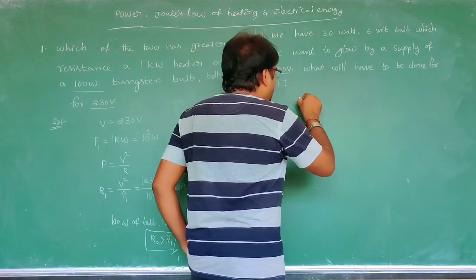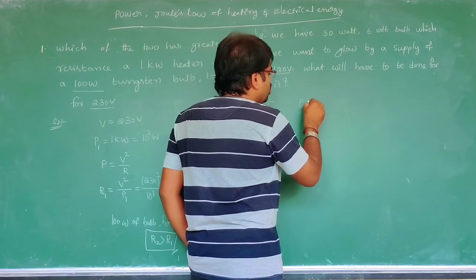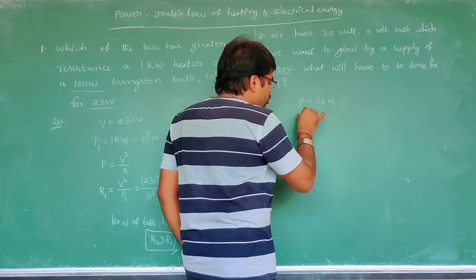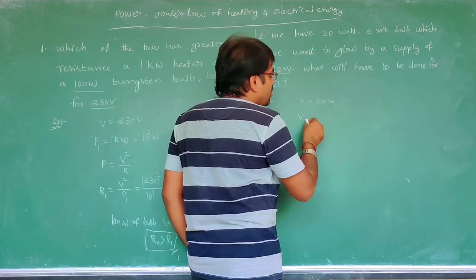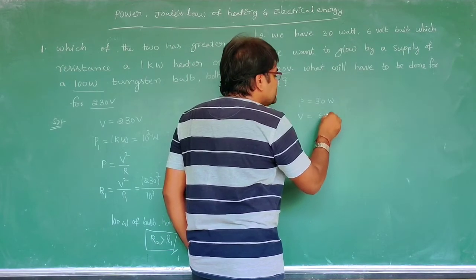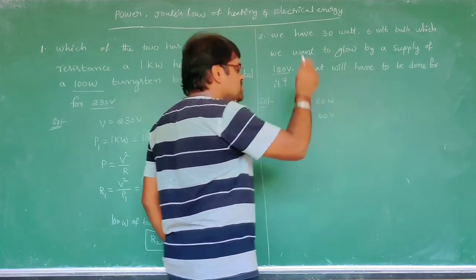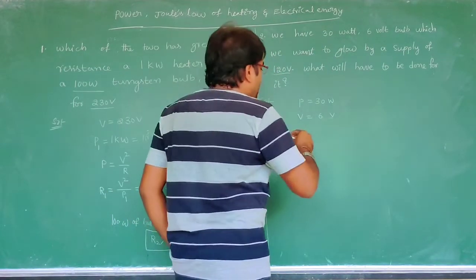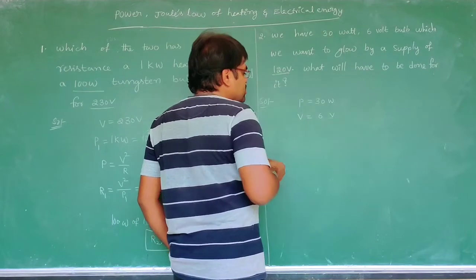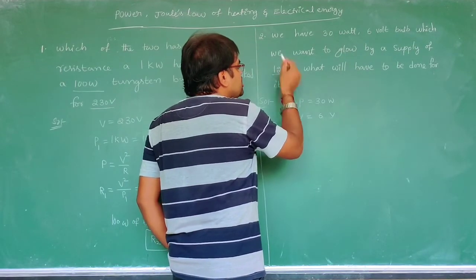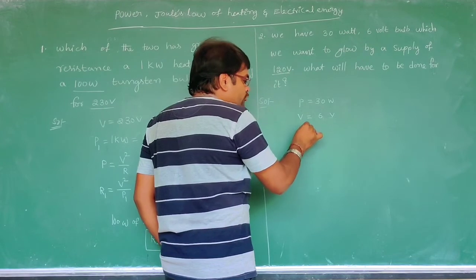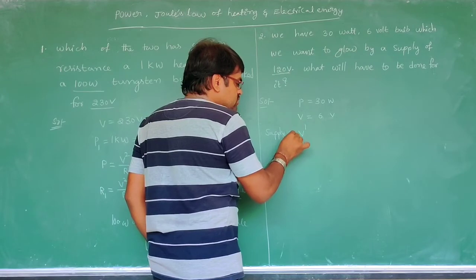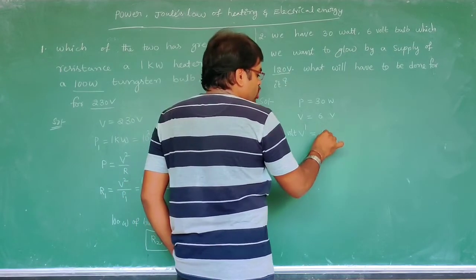The power of the bulb is P equal to 30 watt. The specified voltage of the bulb is V equal to 6 volt. The applied supply voltage we denote as V dash, which is equal to 120 volt.